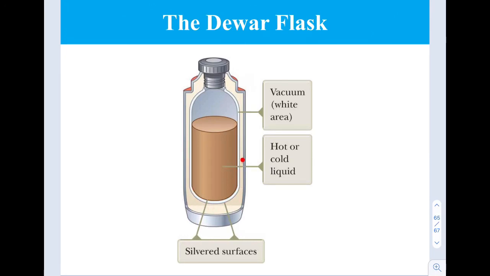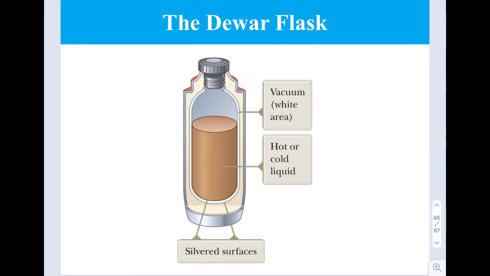So there is supposedly no air molecule at all in this area, to reduce the transfer of energy by conduction and convection. The silvered surface minimizes energy transfer by radiation because silver is a very good reflector with very low emissivity.